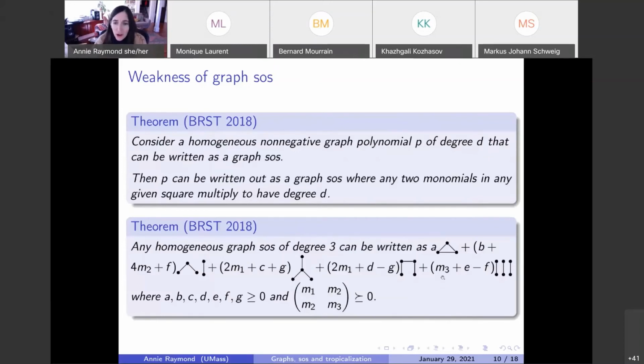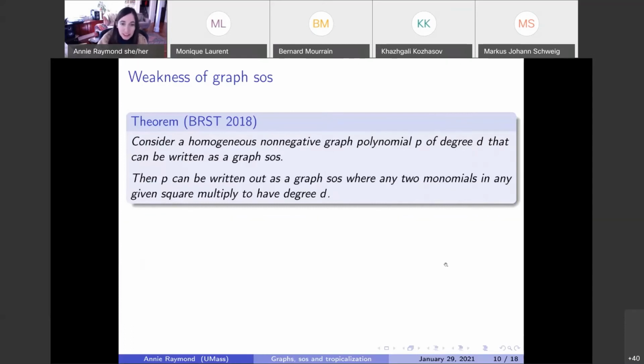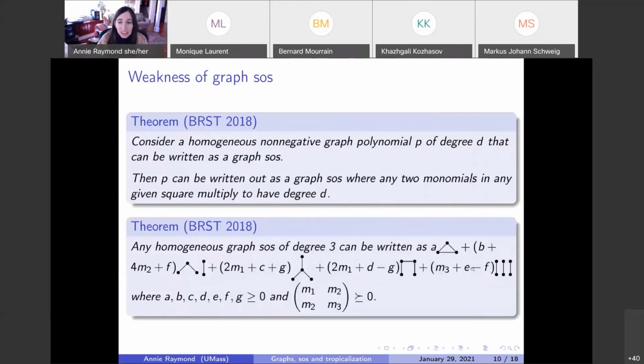And so, okay, if I think about the fact that any two of them within the same square have to multiply to degree 3, there will not be a lot of mixing and matching happening. And so I can write it out fully and figure out that these are the only sums of squares that exist. I have to have a polynomial that has this form.